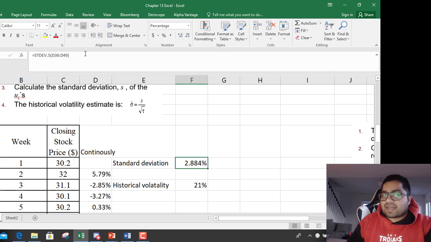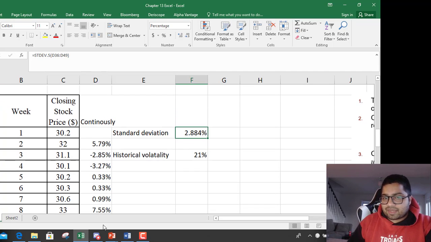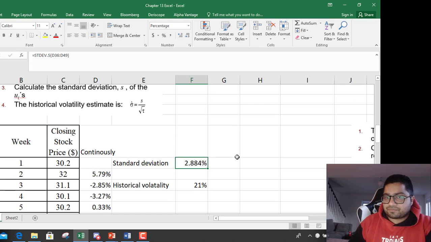Then we compute standard deviation. I am not following the book's process, it's too complex. So standard deviation dot S. It's an approximate way. We found out standard deviation by selecting the first cell and dragging it till the last.